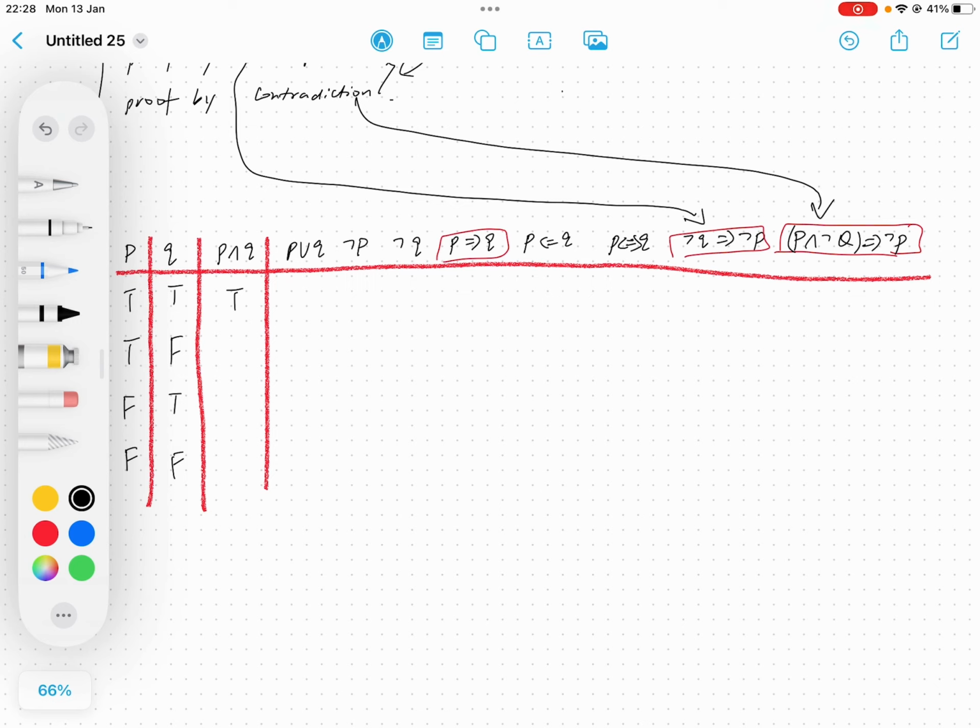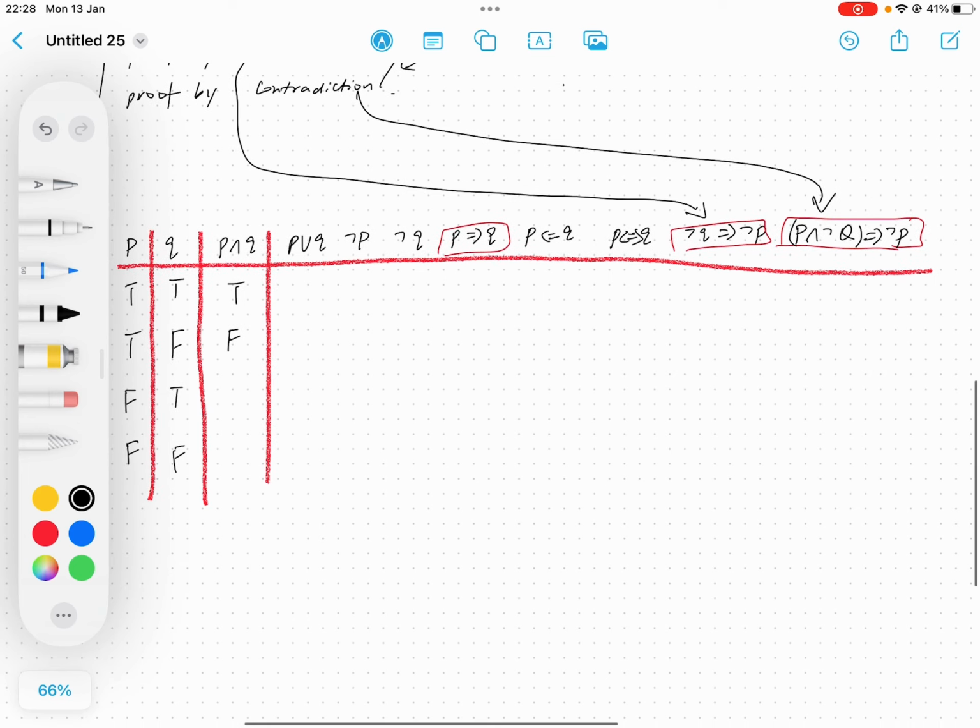And for the others this has to be false, because we require both to be true for P and Q to be true, right? So this is false and this is false. Okay, and P or Q, as long as we have at least one true, this can be true, right? And this is false.